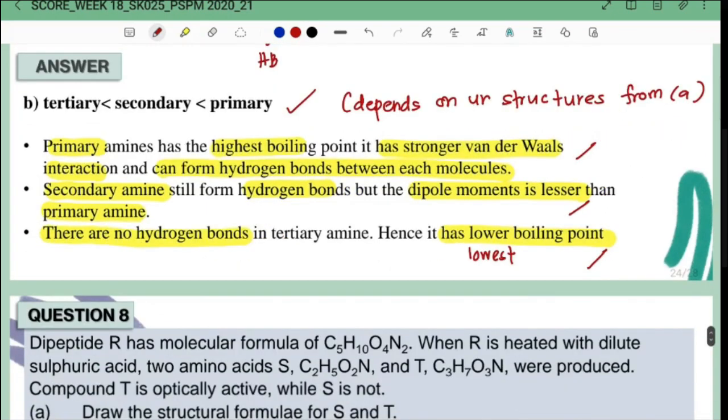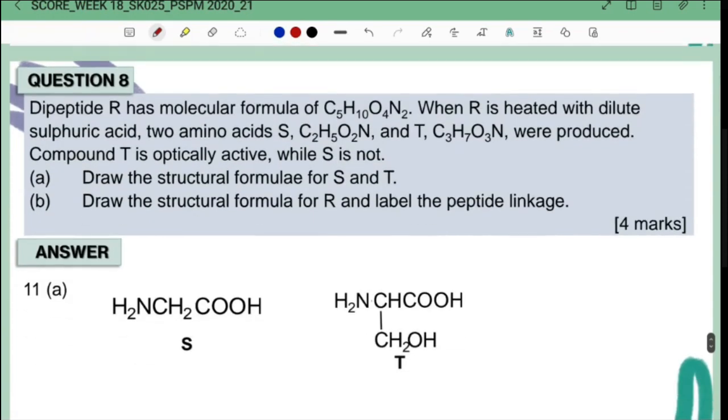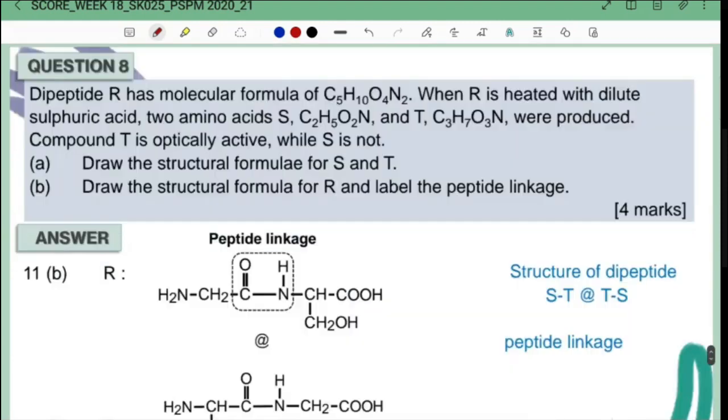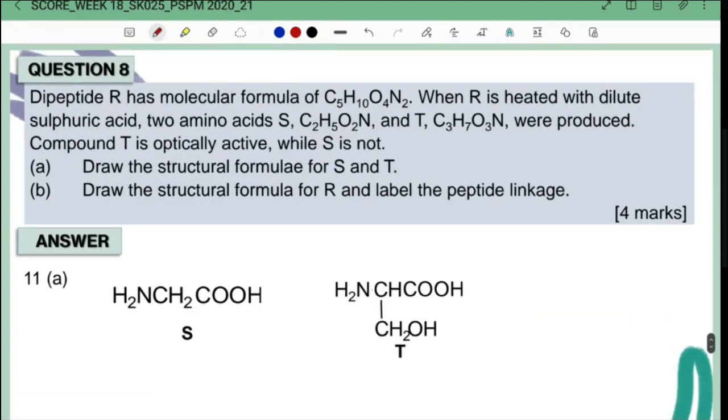Next is question number 8. This one is the last question, I think. Dipeptide R has molecular formula C5H10O4N2. A dipeptide means it is formed from the combination of 2 amino acids. The 2 amino acids can be either the same or different.